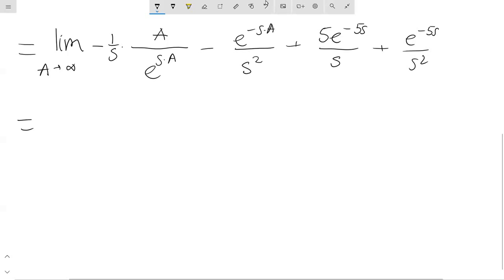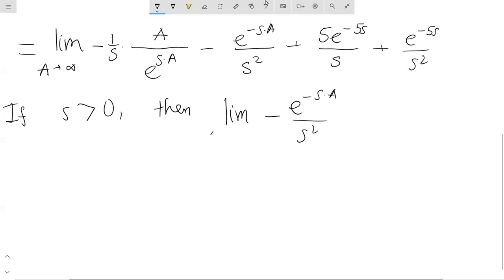If s is positive, then we saw earlier the limit of the second term, minus e to the minus s times a over s squared, when a goes to infinity, is 0 because the exponent goes to minus infinity.